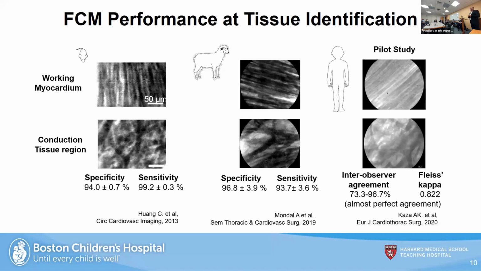In our pilot study, the images acquired gave an inter-observer agreement of 73 to 96.7% with a Fleiss' kappa of 0.822, which by the standard is almost perfect agreement. So here we established that FCM images acquired intraoperatively in humans can be reliably classified by a trained reviewer.